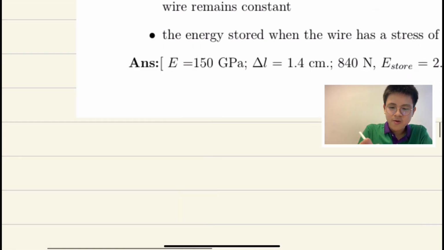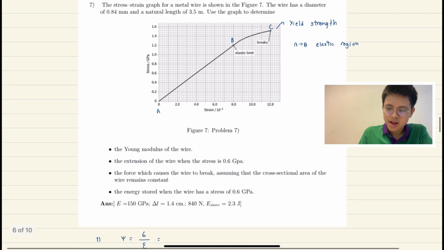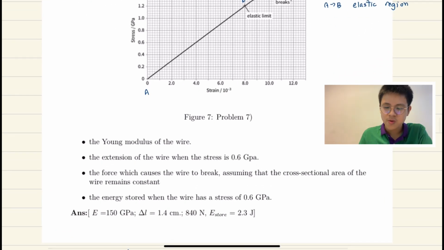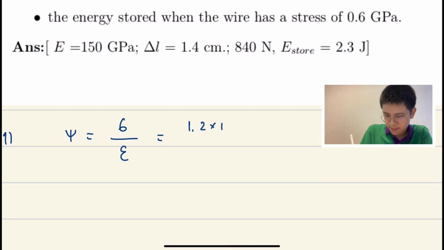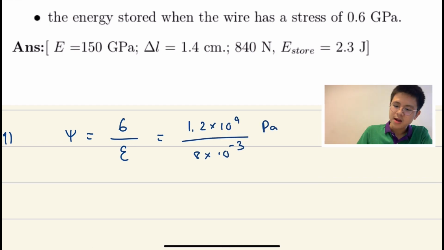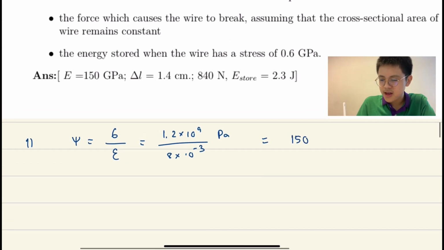Number 1, they want to find Young's modulus, and from the formula, Young's modulus equals stress over strain. And from the graph, you will know that the stress is 1.2 gigapascal and strain is 8 times 10 to the power of negative 3. And we calculate it and then get 150 gigapascal.